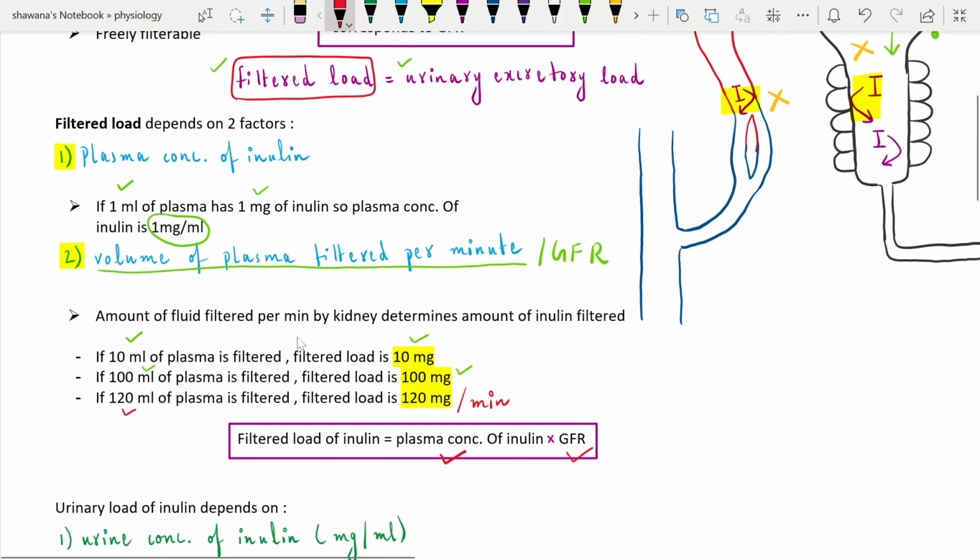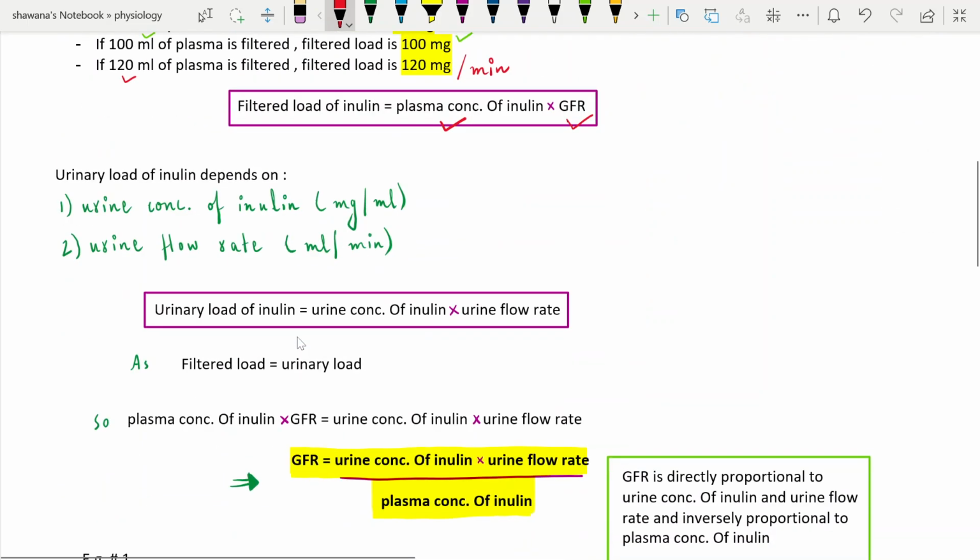So what about the urinary load? We also have to calculate the urinary load to equalize the equation. The urinary load depends on the urine concentration of inulin, in mg per ml. For example, if 1 mg of inulin is present in 1 ml of urine, we call it the urine concentration of inulin.